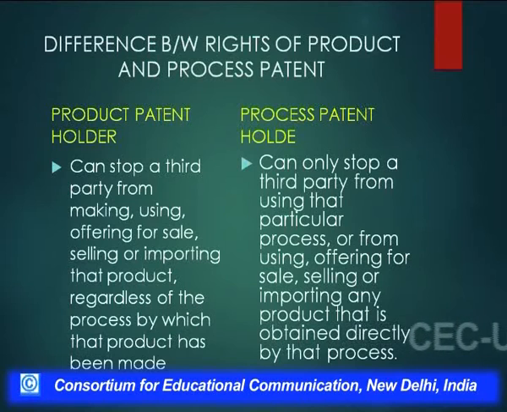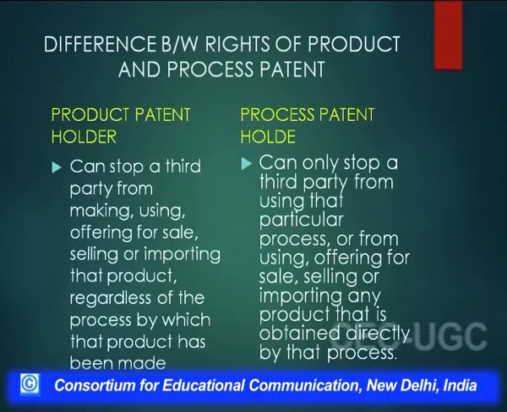So as I mentioned, 48B vis-a-vis 48A is quite wide in its ambit and in its scope, because it grants a right to the process patent holder to not only stop the third party from using that particular process, rather it grants a right to the process patent holder to restrict and preclude any third party from using the product directly obtained by that process.